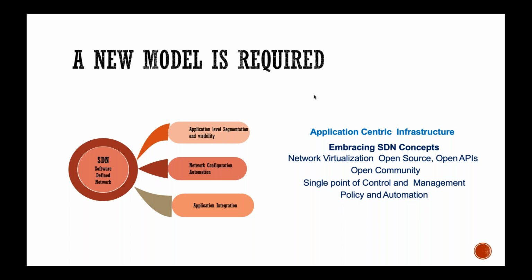So for this, we need the integration between the application and the network, so that whatever the network is saying can be understood by the application, and whatever the application's requirement is, the network should understand. When that integration is in place, my job is going to be reduced.